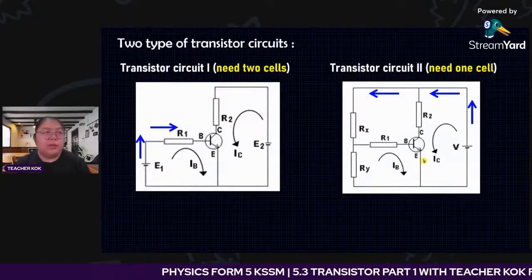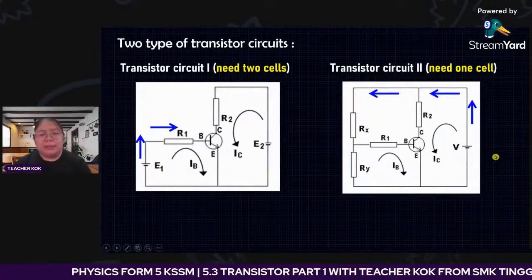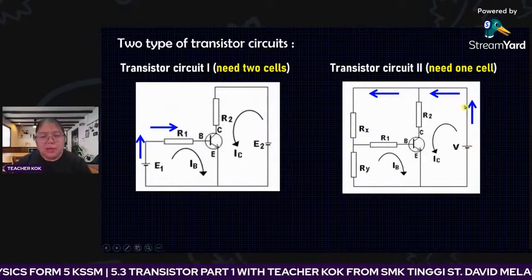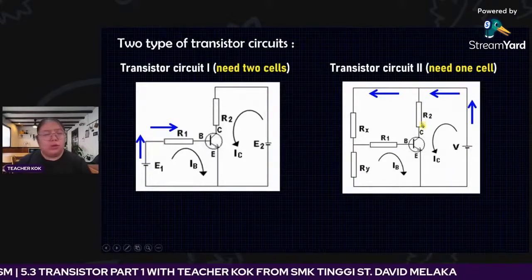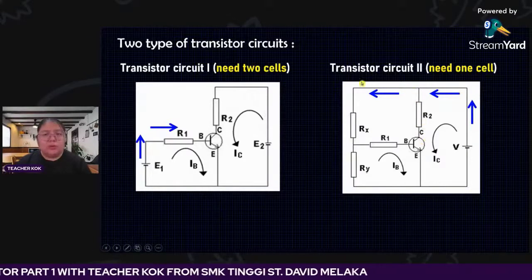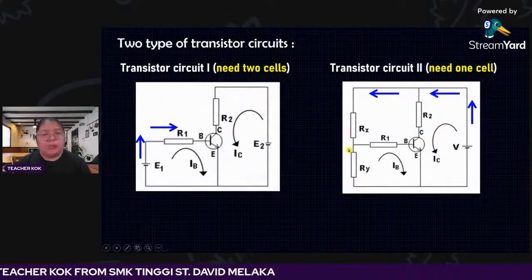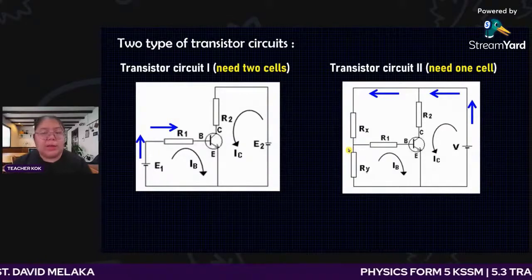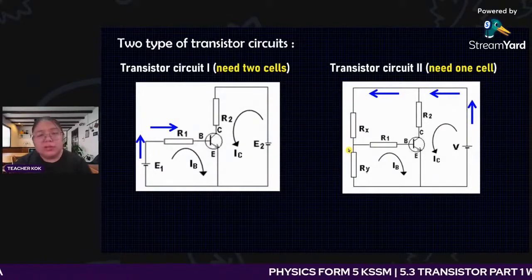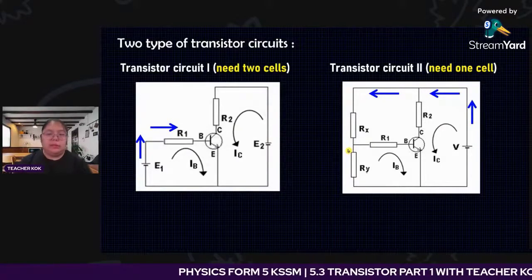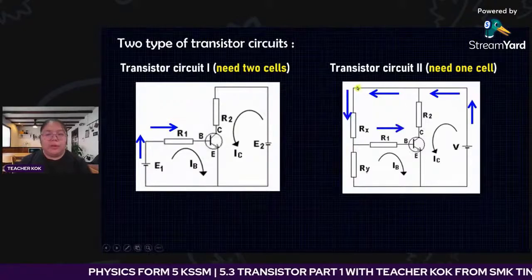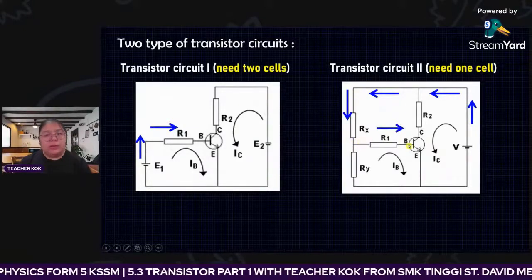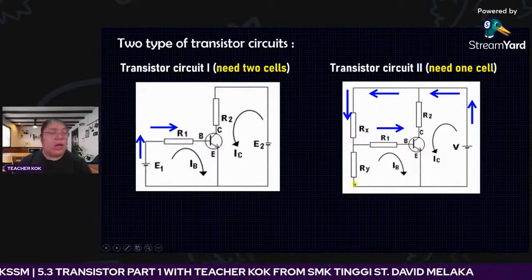Later we need to explain why it becomes like this. When the current just starts, it never goes straight to the collector, but goes to the base first. This is one of the questions we need to explain for the transistor. So from here they go to RX, then to the base, and finally to the emitter.